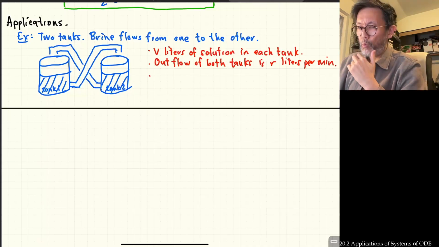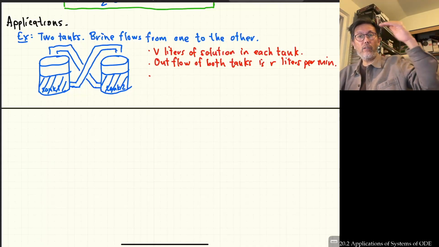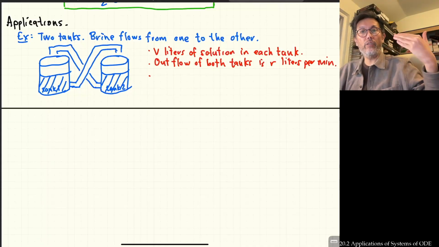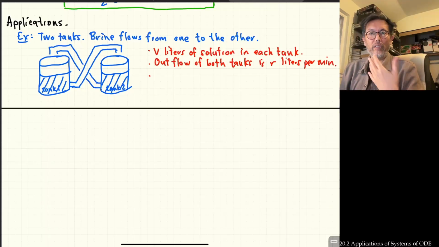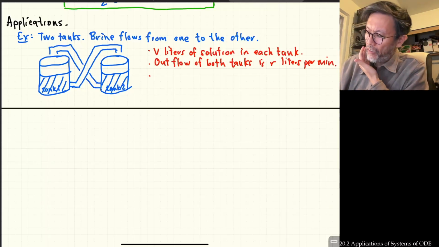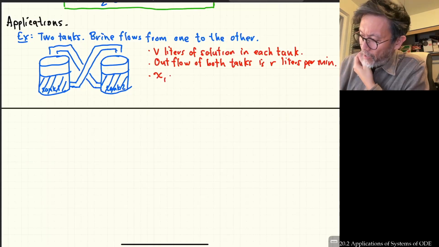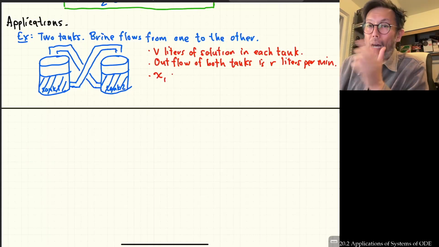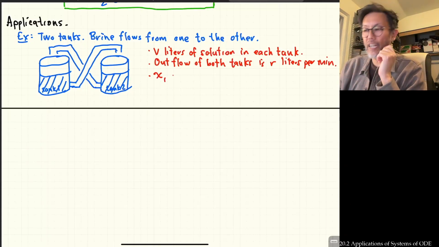But we will call the amount of solute, in this case the solute is salt, since this is brine. Brine is just salt with water. Let's call x1 the amount of salt in grams in tank one.